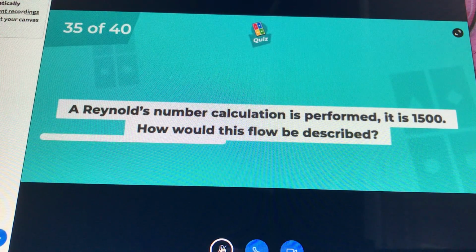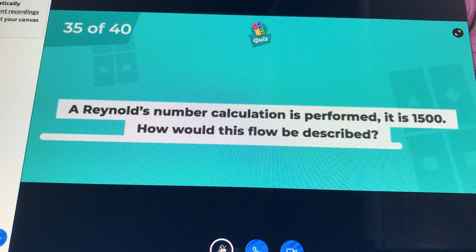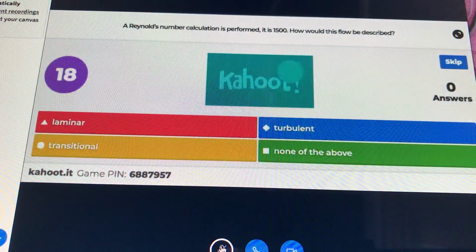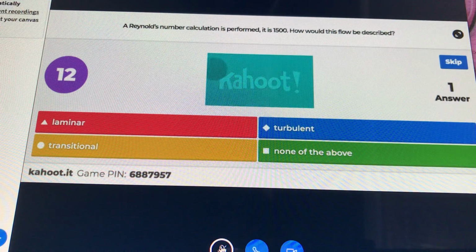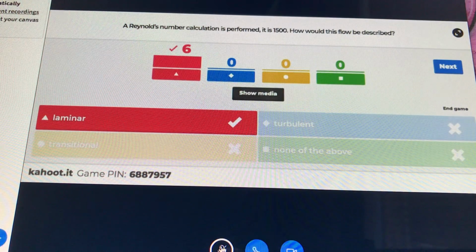Okay, Reynolds number calculation is performed as 1500. How is this flow described? Okay, that would be laminar.